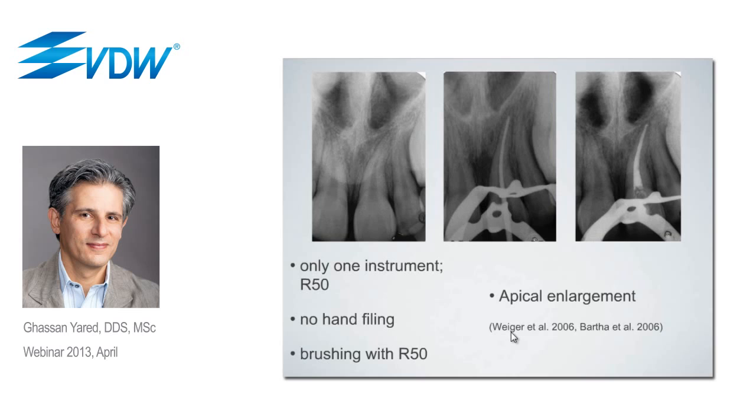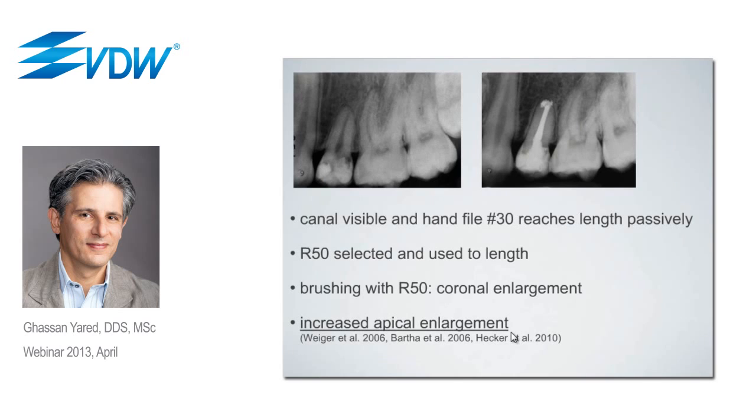You can go from the R50 to the 70 hand file very easily because of the difference in the taper. The 70 hand file has a 2% taper. The R50 has a 5% taper. And this is why the 70 hand file can go very easily if you need to have a larger canal preparation at the working length.